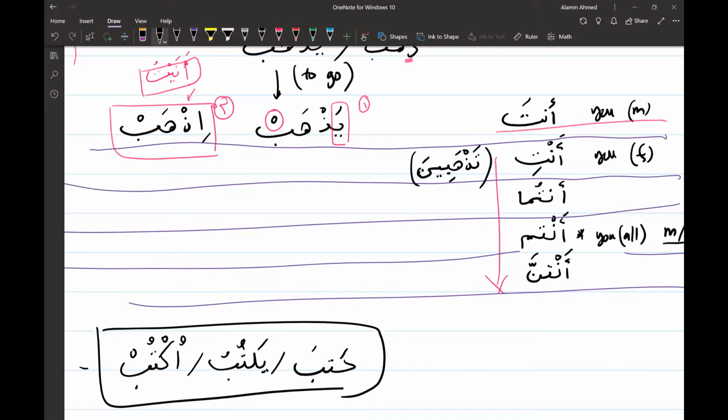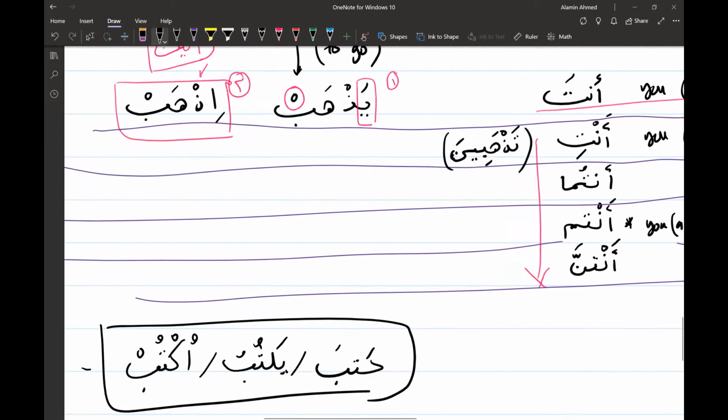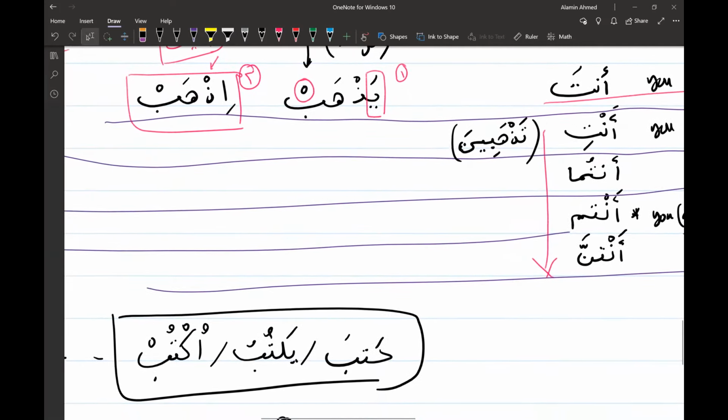I'm writing it because it's a little bit difficult, so that you can refer to this verb. So you say anta tadhhabu, anti tadhhabina. These are all rules. So now, what is the majzum state of tadhhabina?